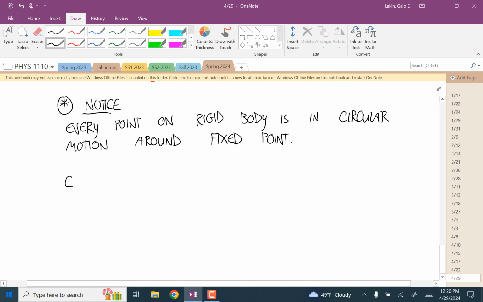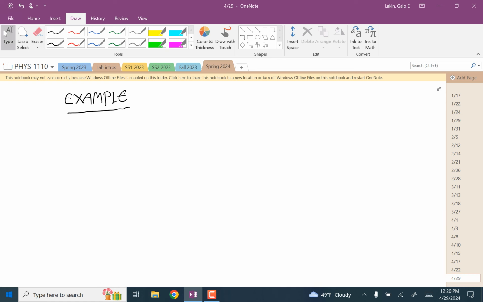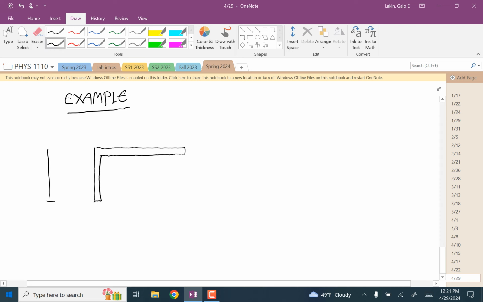So let's do an example. Let's say we have this L-shaped thing. And let's say this length is 1 meter. And this length is 1.5 meters.